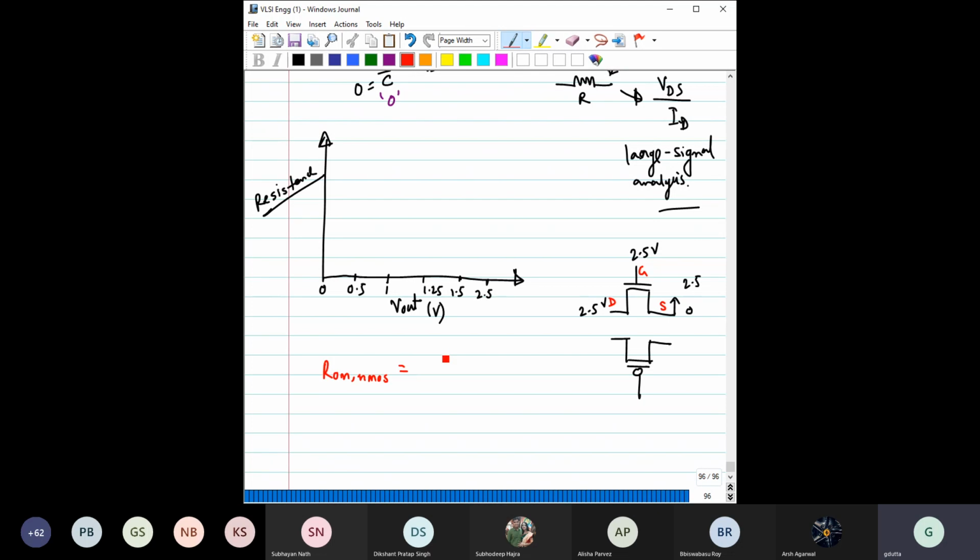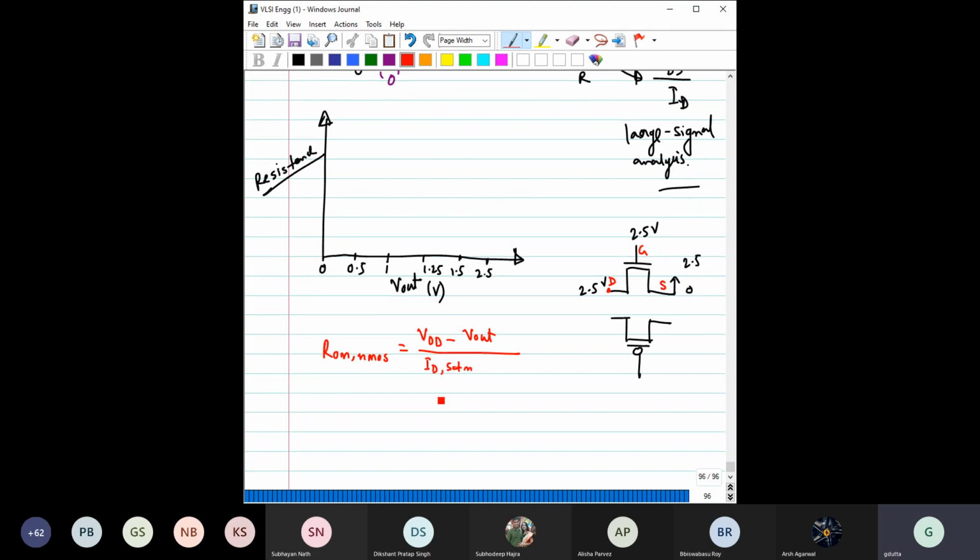That would be equal to this VDS by ID sat. On one side it is always VDD, the other side is V out.